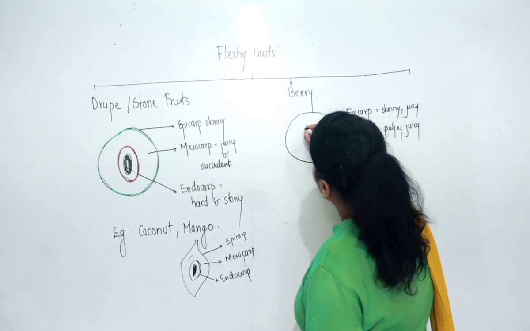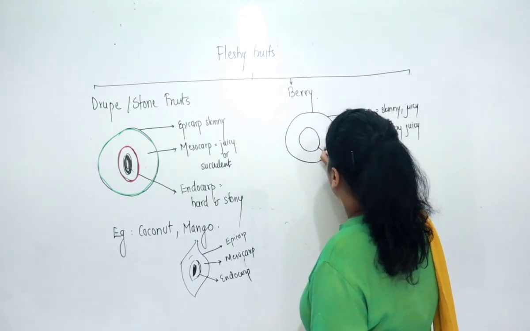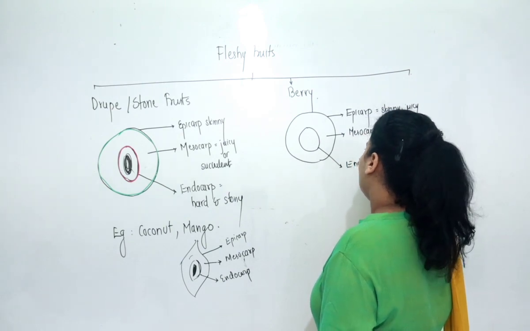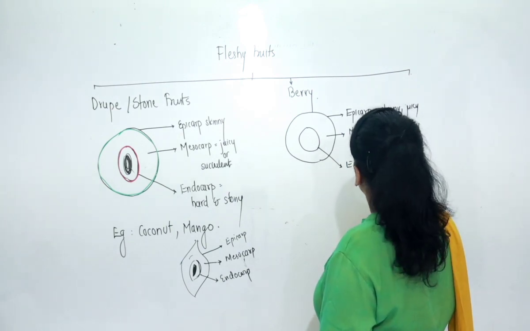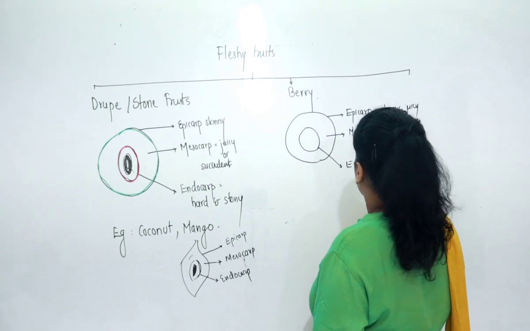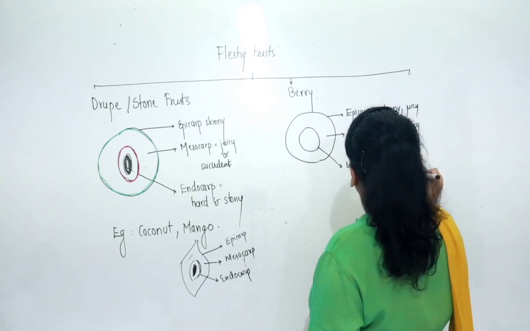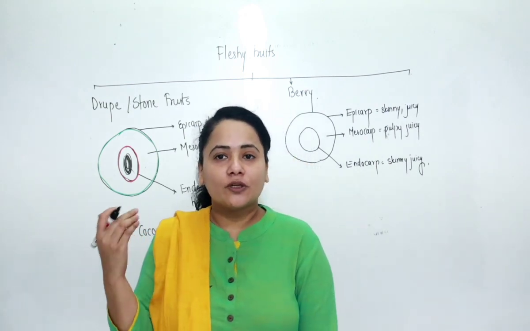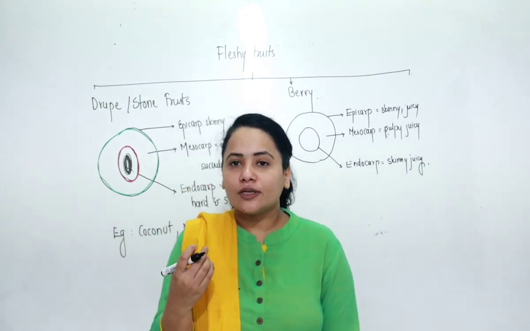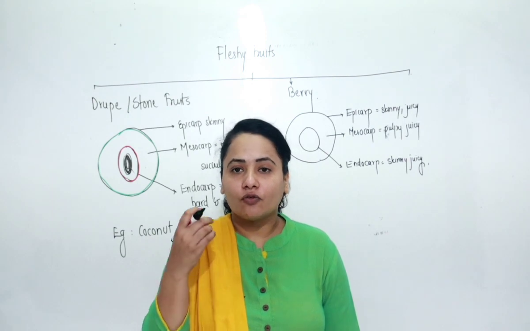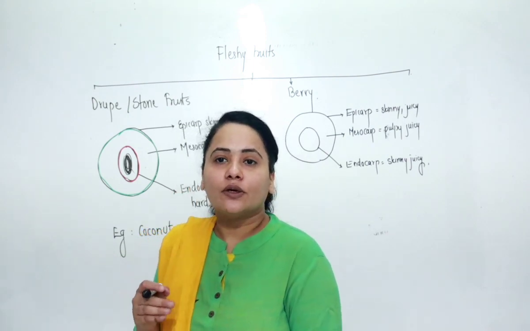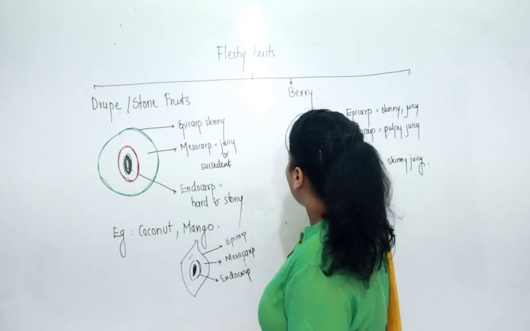And again the endocarp here is skinny and juicy. What does that mean? There is no stony structure towards the inner side, and a very good example of this is orange or tomato. All this can be considered as examples of the berry fruit.